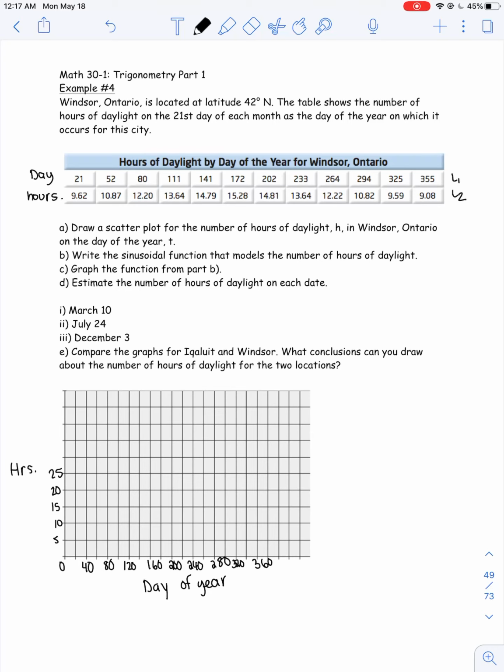Okay, so our first point is at 21. We're going to have 9.62. We're just plotting all these values as a scatter plot.